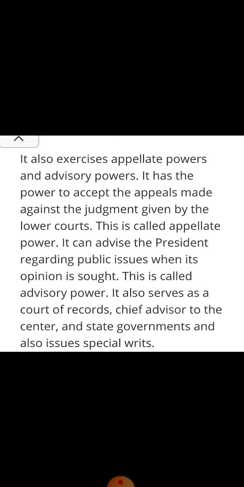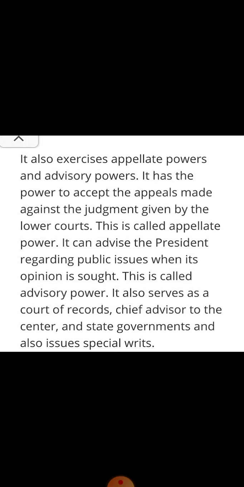Okay. It can advise the president regarding public issues when its opinion is sought. This is called advisory power. So when it comes to administrative matters, here it can give advice to the president. In which matter, children? Regarding public issues. Okay. So if the Supreme Court's opinion is necessary, the president is going to consult the Supreme Court and the Supreme Court is going to give the advice.